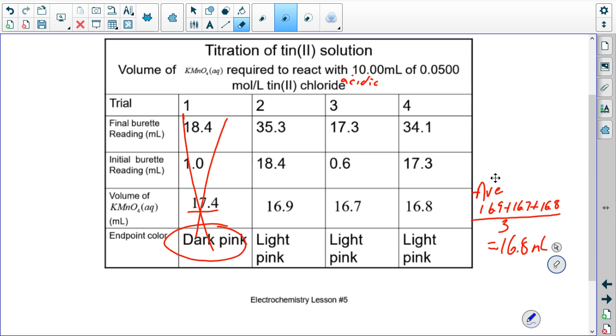We have the volume of potassium permanganate required to react with 10 milliliters of 0.5 mole per liter solution. So I have enough here to calculate the number of moles of my tin 2. It says tin 2 chloride, but since it's only 1 mole of tin to 2 moles of chloride, we basically can figure out the number of moles by using the concentration.